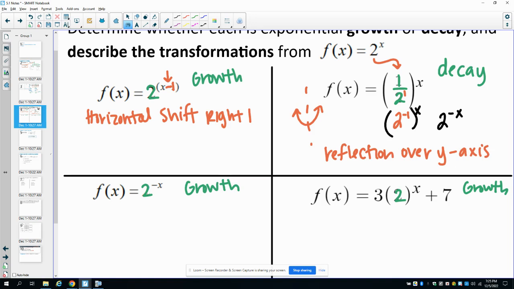Then this next one is just 2 to the -x. So this one is also going to be a reflection over the y-axis.